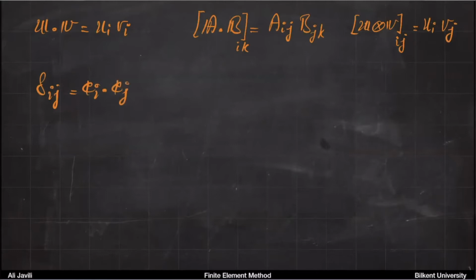Now you can sort of mix and match these. An interesting component, for instance, would be if you think of A dot u. If you have a matrix times a vector, that also gives you a vector, and the component i of that would be aij uj. Again, j is repeated twice, so it's a summation.